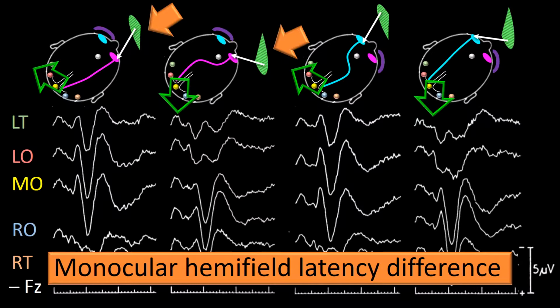The monocular hemifield latency difference is determined by comparing the left and right P100s at the left occipital electrode arising from the left visual field stimulation and the P100 from the right occipital electrode arising from the right visual field.